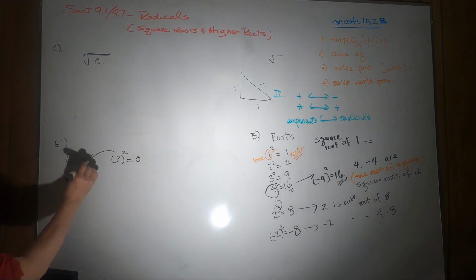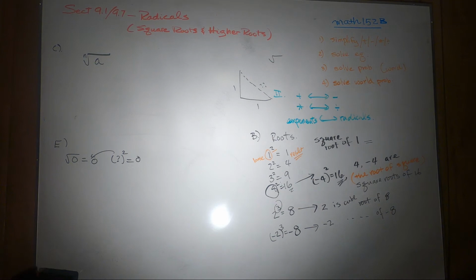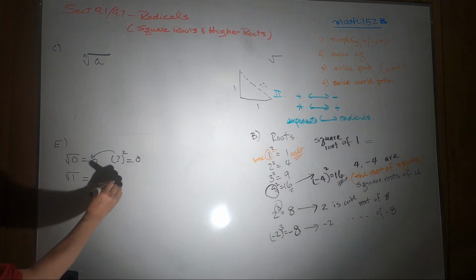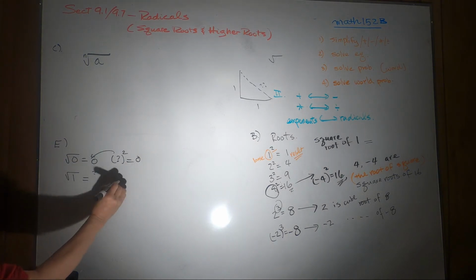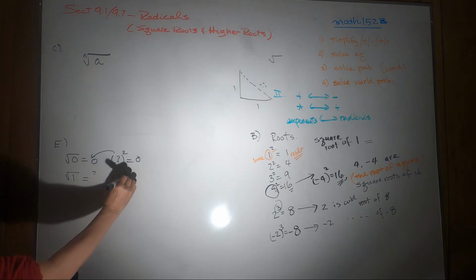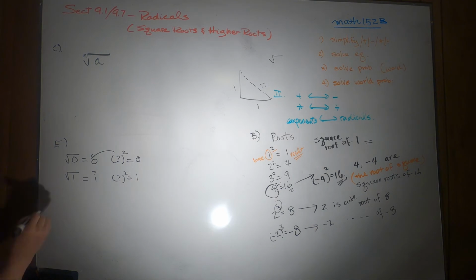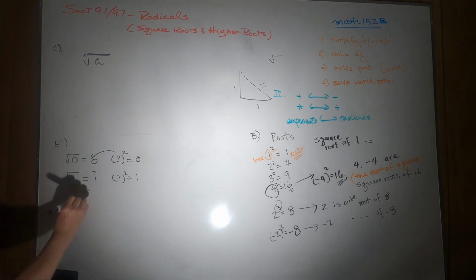That would be 0. Right? So we use this symbol: square root of 1 means what number you take a square becomes 1. That's 1. Right? So square root of 4 would be what? Which number take a square becomes 4?